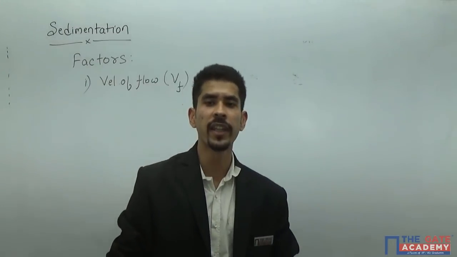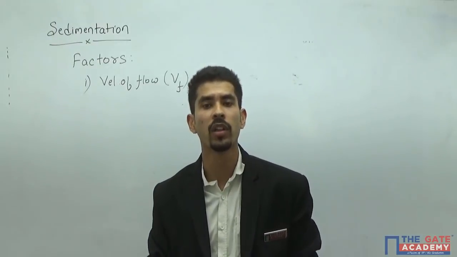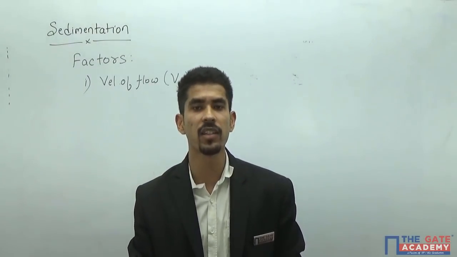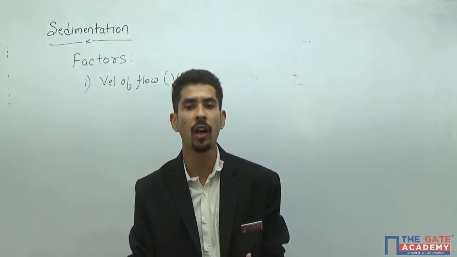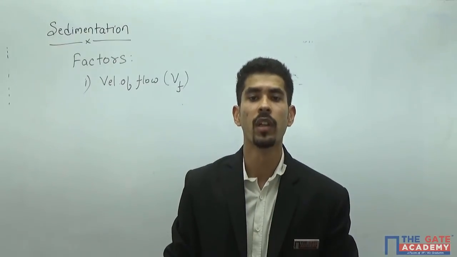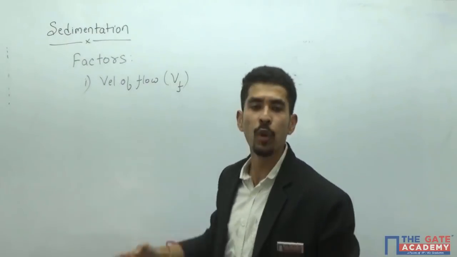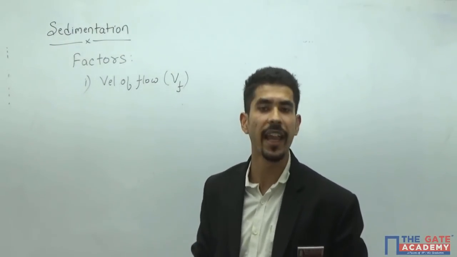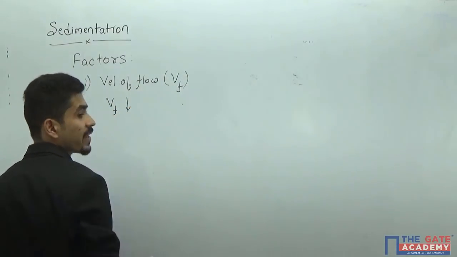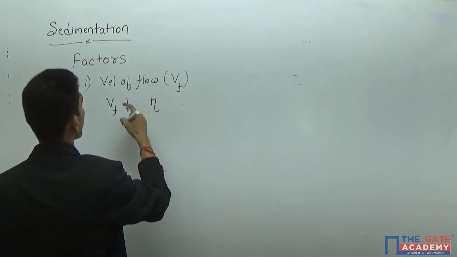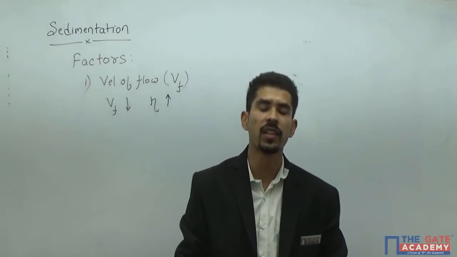If the flow velocity is more, or I can say if the turbulence in the tank is more, what will happen? Your suspended particles will always remain in suspension. The turbulence of water will not allow the suspended solids to settle down. So we reduce the turbulence, or totally remove the turbulence in a sedimentation tank. So if your flow velocity is less, that means your efficiency for sedimentation will be more.